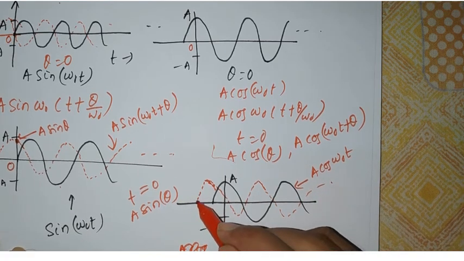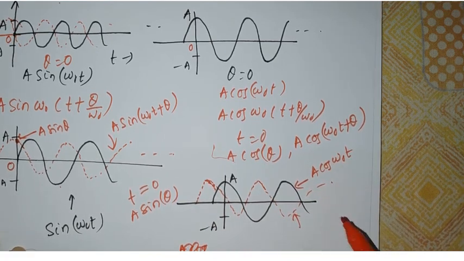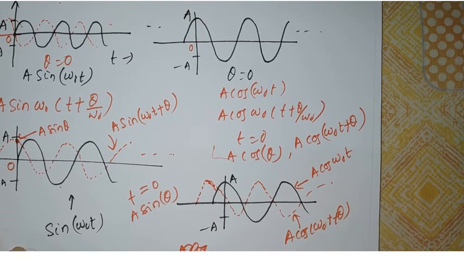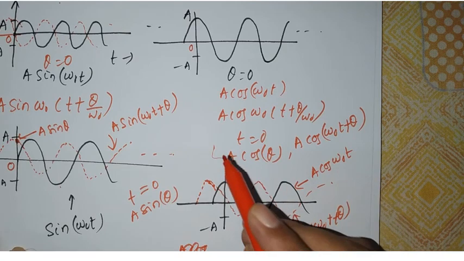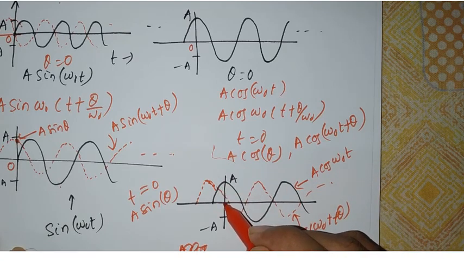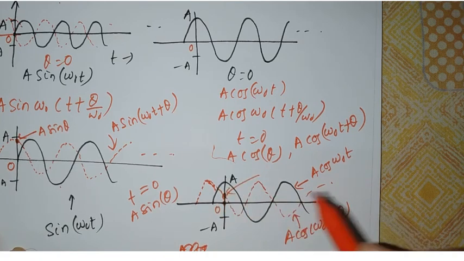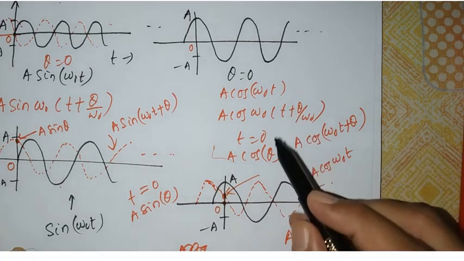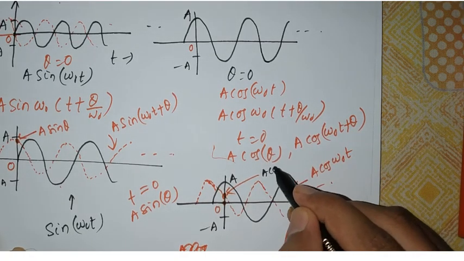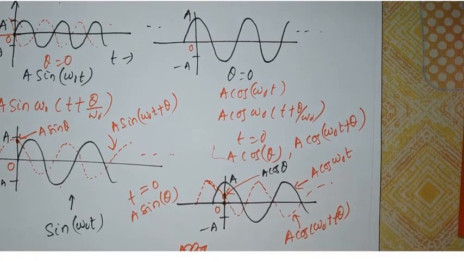This is A cos of omega 0 t plus theta. Here when t equals 0, this value is A cos of theta. You can see this is not an exact plot because you don't know the value of theta.